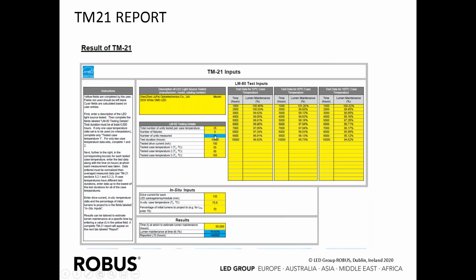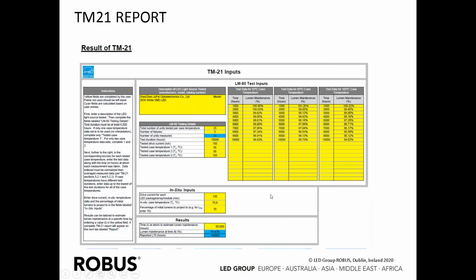The number of units measured was the full amount, 25. Test duration of the LM-80 information was 10,000 hours with 150 milliamp drive current, and the test case temperature, i.e. the LED case temperature, was 55, 85 and 105 degrees. And that information sits over here. So that is the complete test data for the 3 temperatures over 10,000 hours, with 1,000 hour increments.